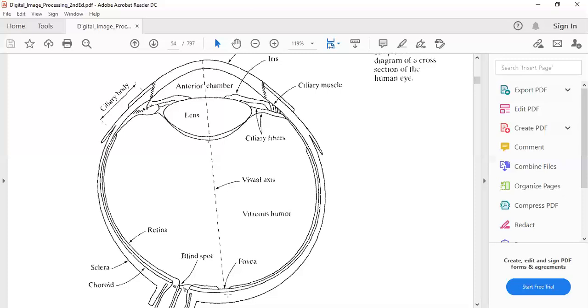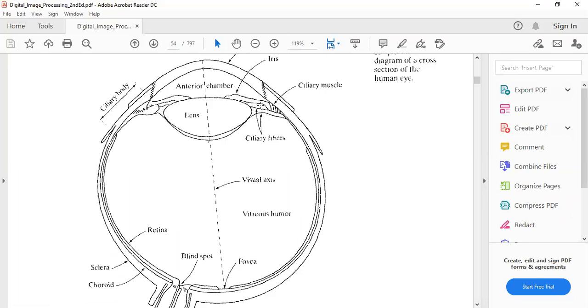Okay, then we have the choroid, which is normally divided into two parts, the sclera and the iris. You can see here the iris. These things we call the iris, which is responsible for holding the lens. Iris are muscles.